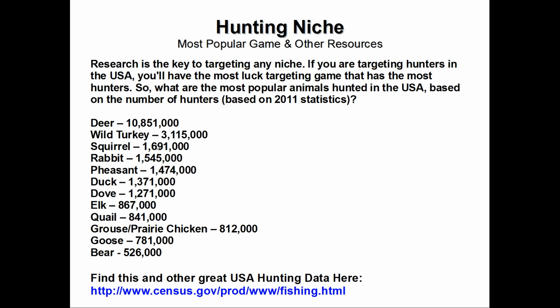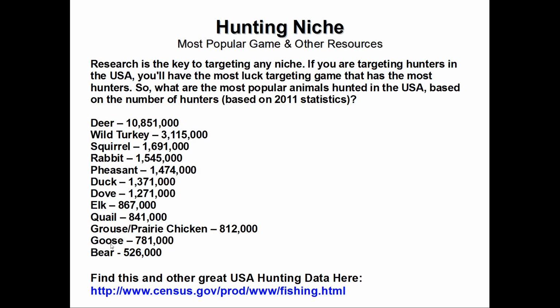Wild turkey has over 3 million. Squirrel has over 1.5 million, as does rabbit. Pheasant, duck, dove, all over 1 million hunters as well. Elk, quail, prairie chicken, goose, bear, these are all under 1 million, but still above 500,000 hunters.